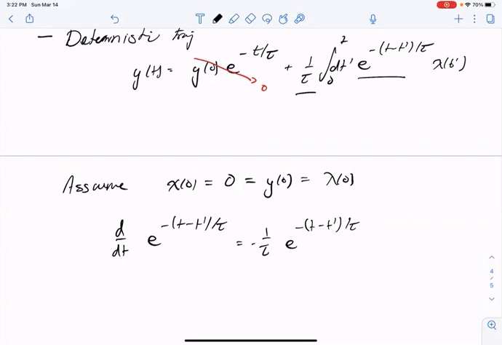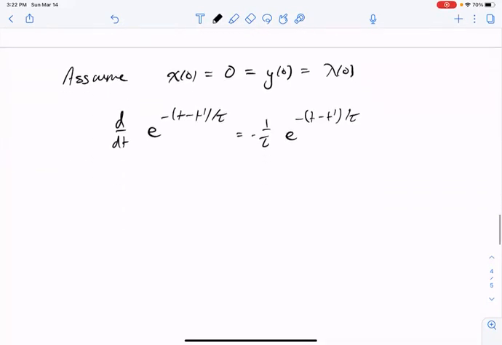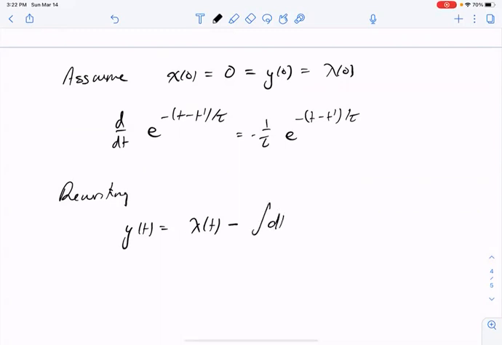E to the minus (t minus t prime) when t prime is t is just 1. So we can rewrite y of t as lambda of t less the time integral from 0 to t, e to the minus (t minus t prime) over tau, lambda dot of t prime.